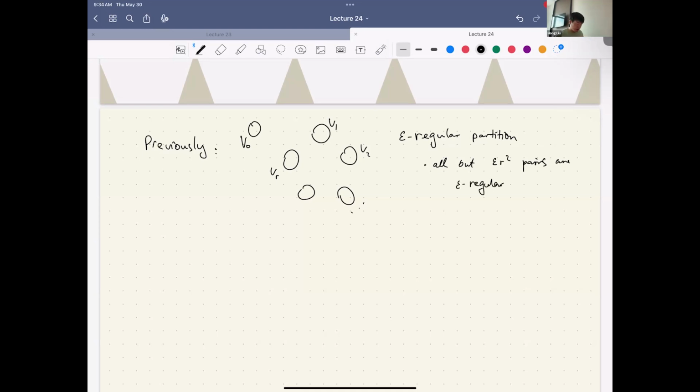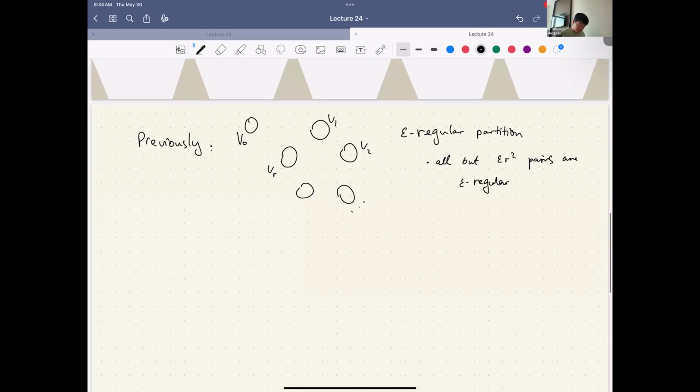Epsilon regular. And what does it mean, epsilon regular? So if we look at Vi and Vj, that just means when you take a not so small subset of it, at least epsilon fraction, then the edge density between these subsets is more or less the same as the original one.